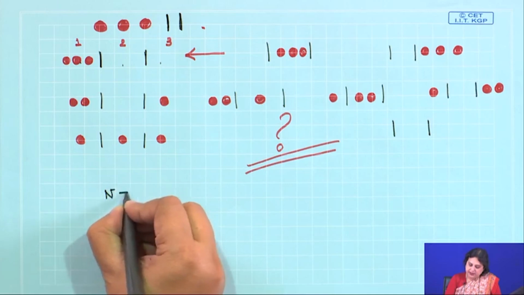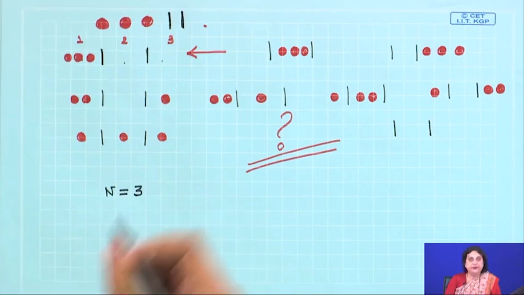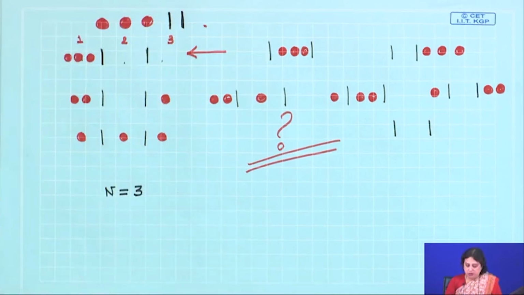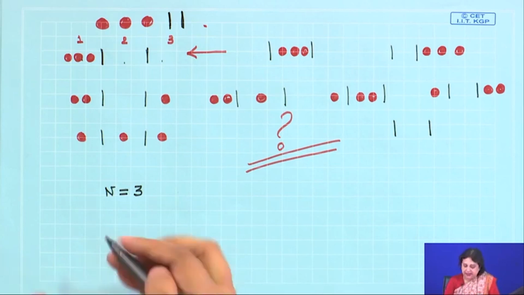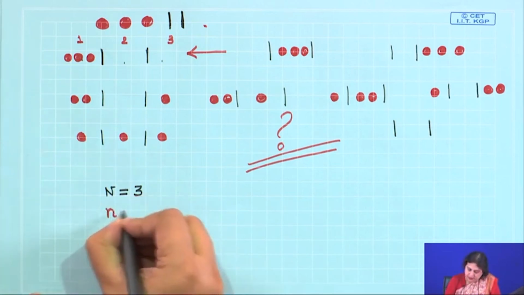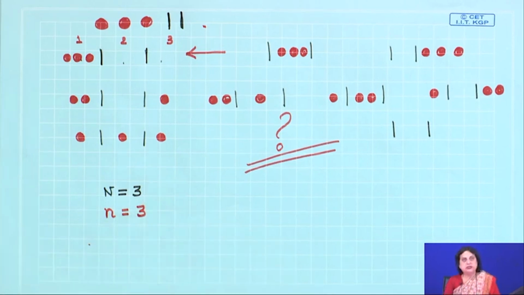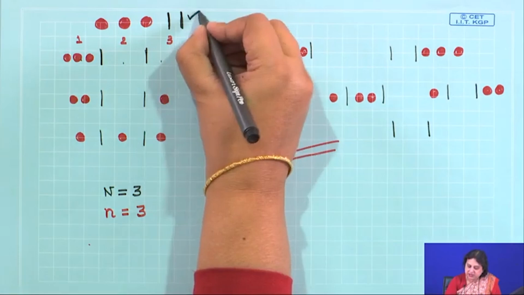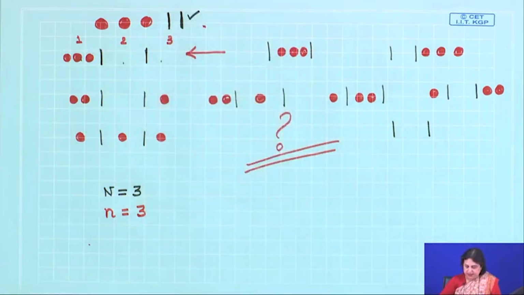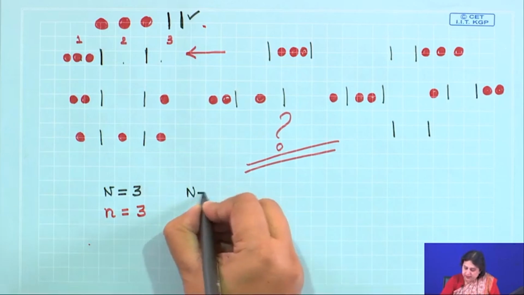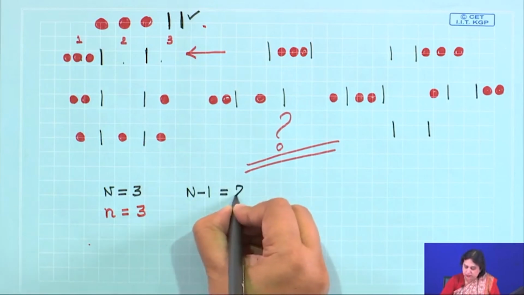The capital N is equal to 3. How many quanta of energy do you have? That gives you small n, and small n is equal to 3 here, chosen arbitrarily. Now, the number of such separators, how many are there? They are given by capital N minus 1, which is equal to 2.